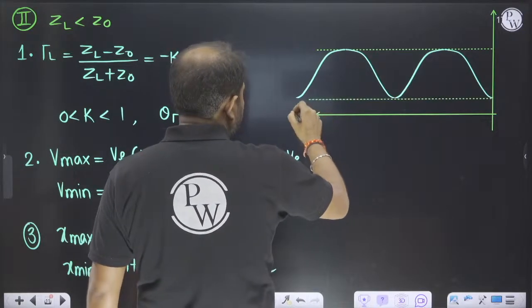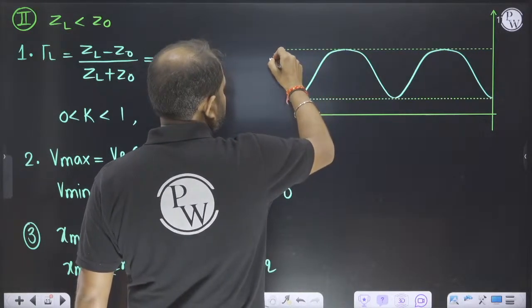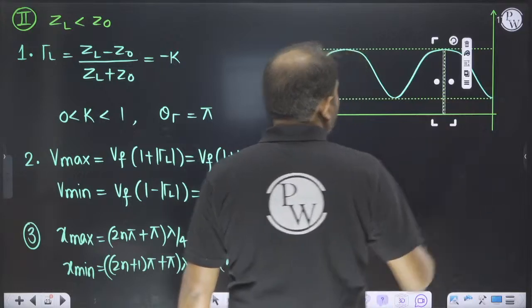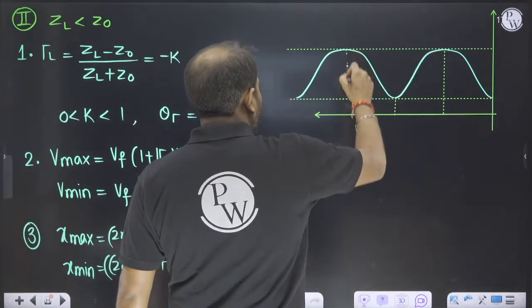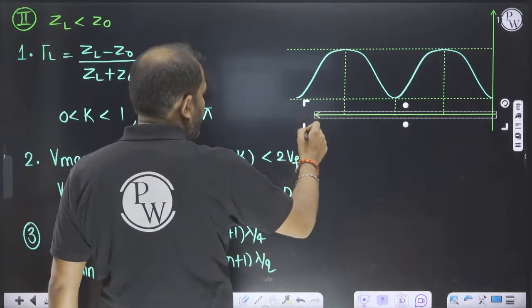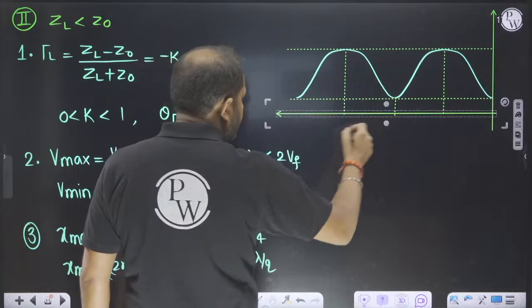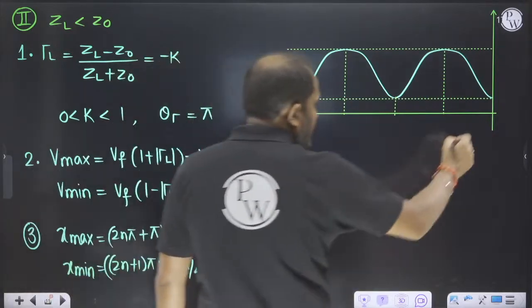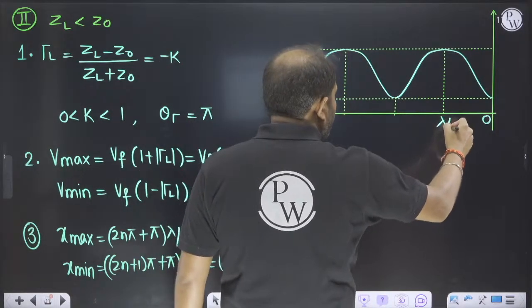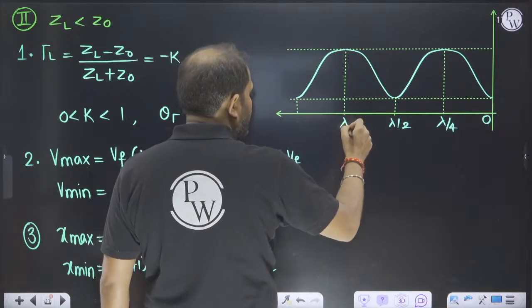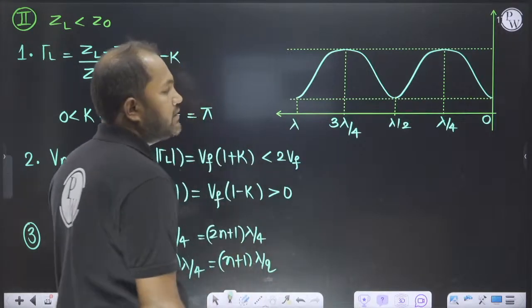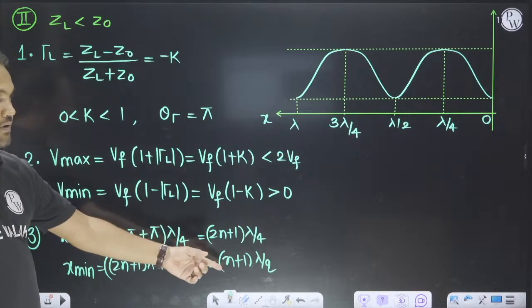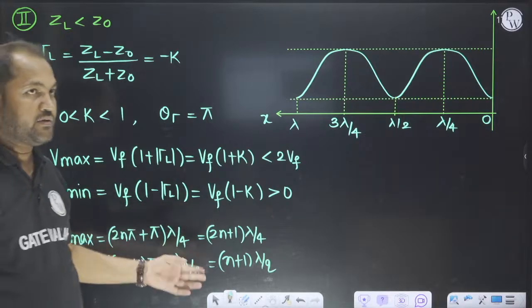Here at 0, at the load, minima; at lambda by 4 maxima; at lambda by 2 minima; at 3 lambda by 4 maxima; and at lambda minima. This is the value of x.